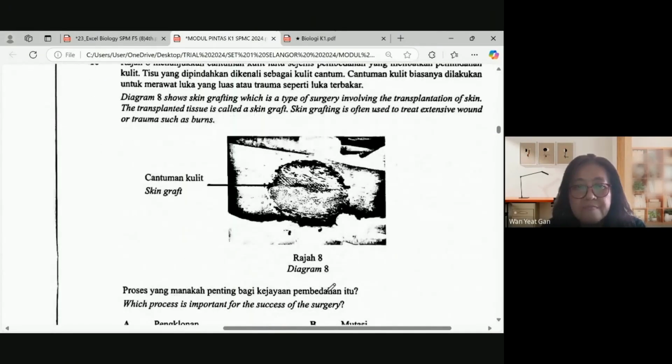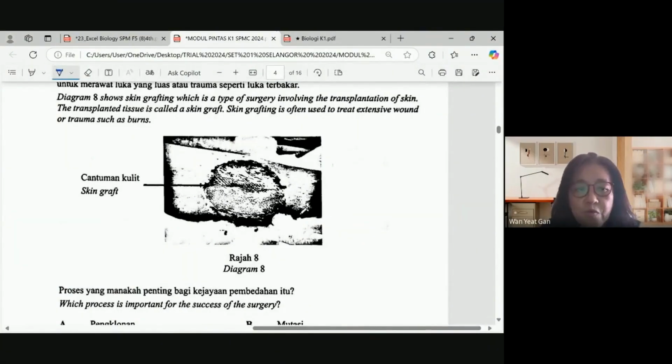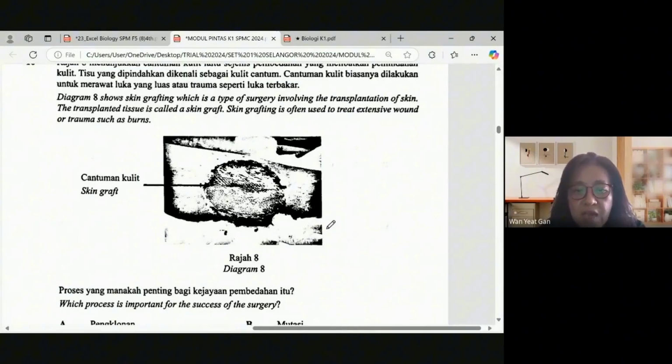Okay, next. Diagram 8 shows skin grafting, which is a type of surgery involving the transplantation of skin. The transplanted tissue is called a skin graft. Skin grafting is often used to treat extensive wounds of trauma such as burns. So for a skin graft, you take skin from other parts of the body to put onto the wound so that it can heal faster.